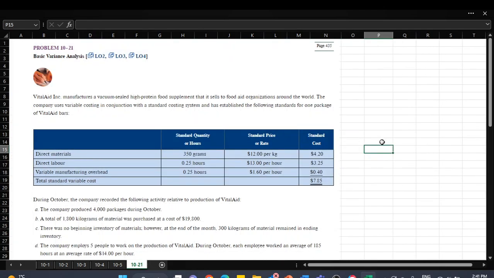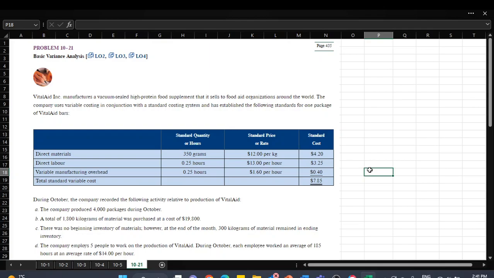So finally, we have a question that kind of brings together all of these variances that we're looking at and how we use them in the analysis process. So we have Vital Aid manufacturing a vacuum sealed high protein food supplement. They use a variable costing system in conjunction with standard costing and have established the following standards for one package of Vital Aid bars.